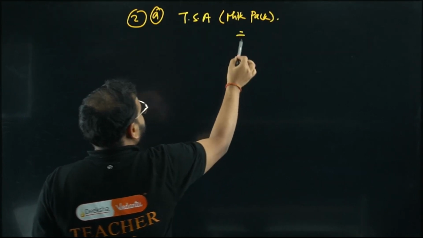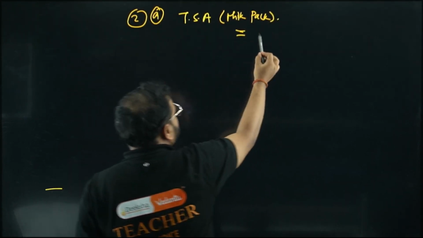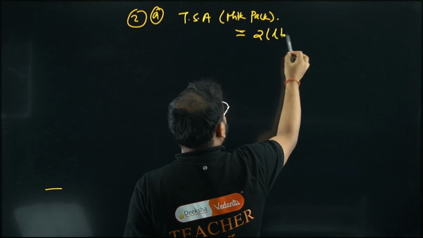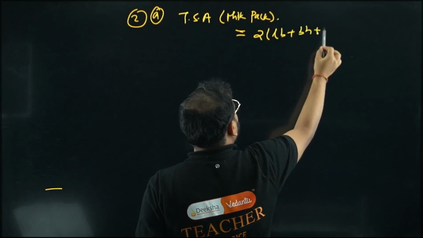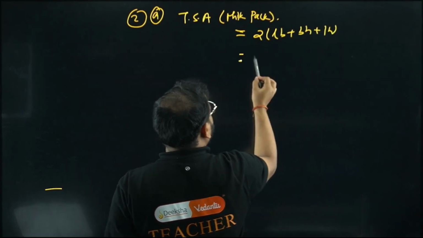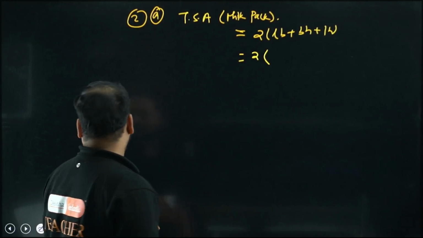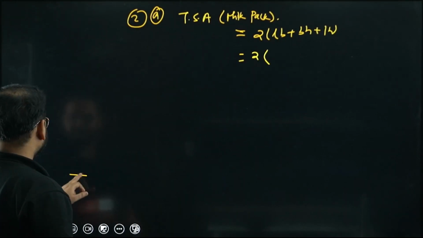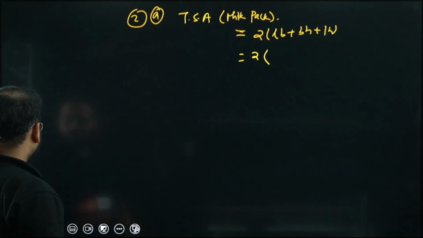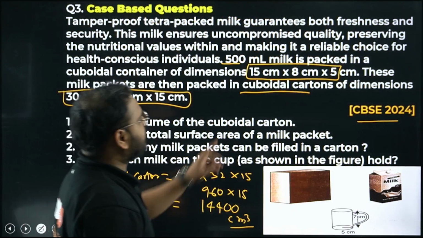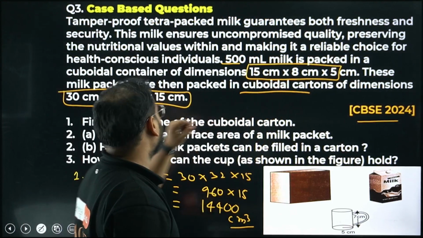What do we do for this? 2 times LB plus BH plus LH. So 2 times, please check this out. Have a look. L into B, 15 into 8. 15 into 8 is how much? 120.